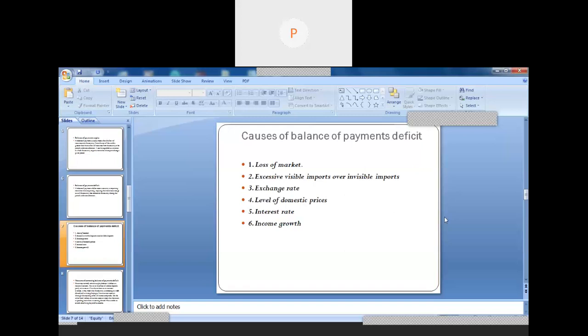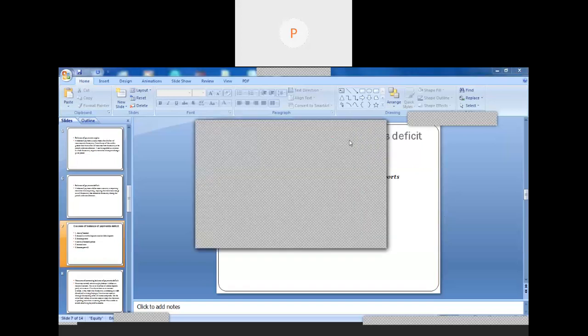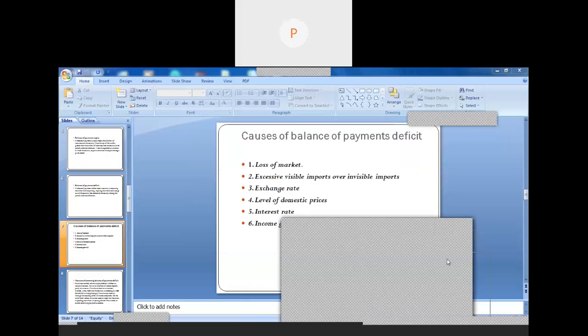And if there is a lower rate of interest, that could lead to capital flight, because in that situation you will think it's better to invest abroad rather than keep the money in the bank or invest in some financial product, right? So this would lead to a state of disequilibrium.